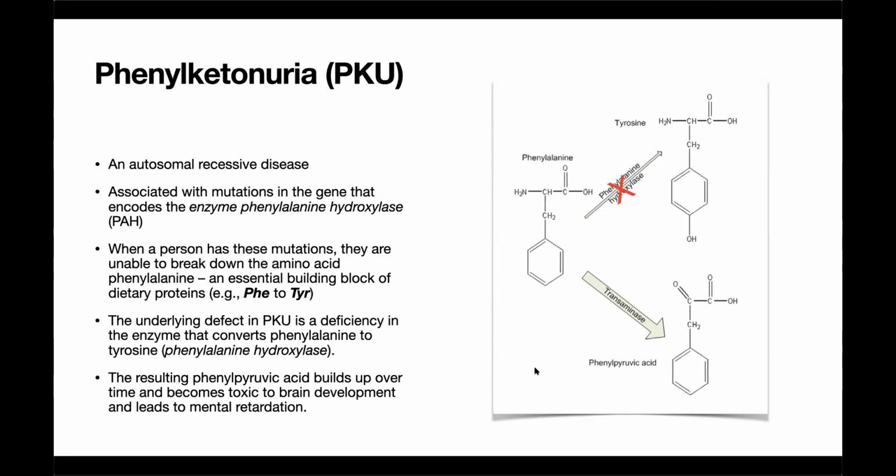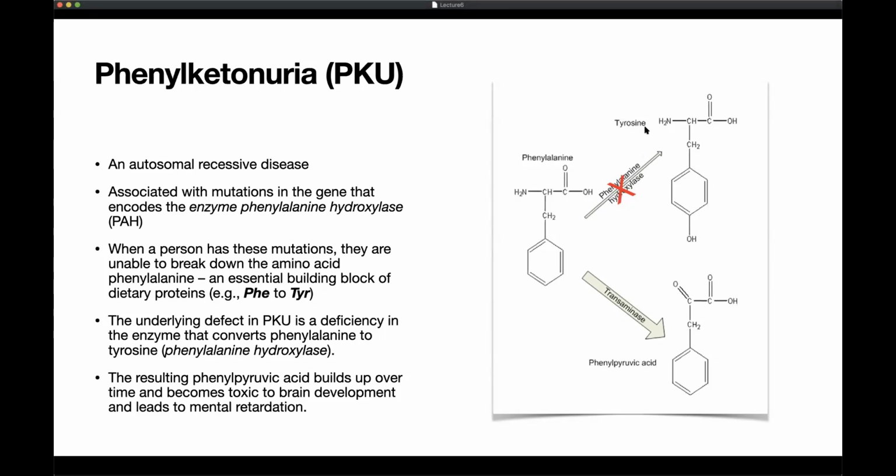It's one of the many diseases that have to do with metabolic or amino acid processing issues. When a person has these mutations, they're unable to break down phenylalanine, which is one of the 20 amino acids and an essential building block of dietary protein. So if you start with phenylalanine, you have two metabolic pathways.